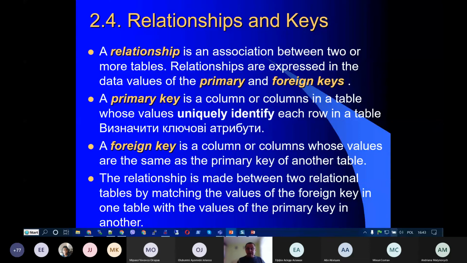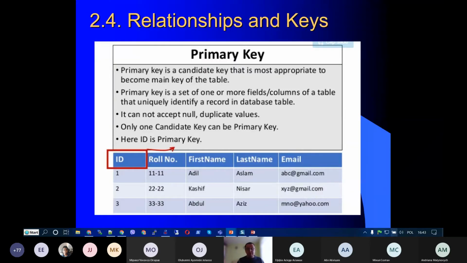But if you want to refer to all of a patient's examinations or all of a student's marks, we can repeat the value of the primary key within a foreign key to establish the relationship between the patient table and, for example, the examination table or the students' grades table in the relational database.